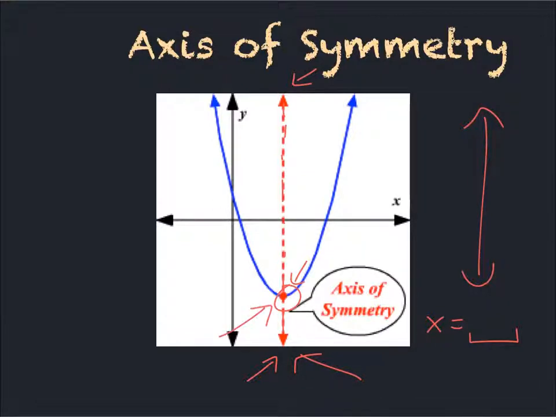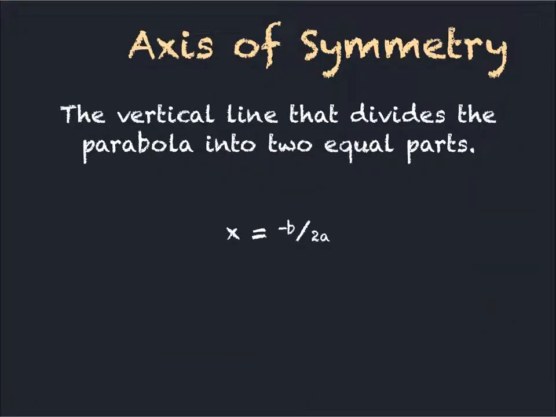Because if you notice, that point there is where our parabola starts to turn going the other direction. So this x value is not only going to give us our axis of symmetry, but it's also going to give us the x value of our vertex, which in turn is going to help us find the y value of our vertex, and I'll show you how to do that in just a moment. Now, this is how you find the axis of symmetry, this formula right here.